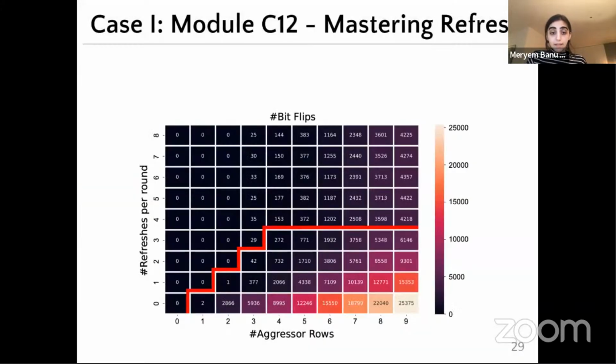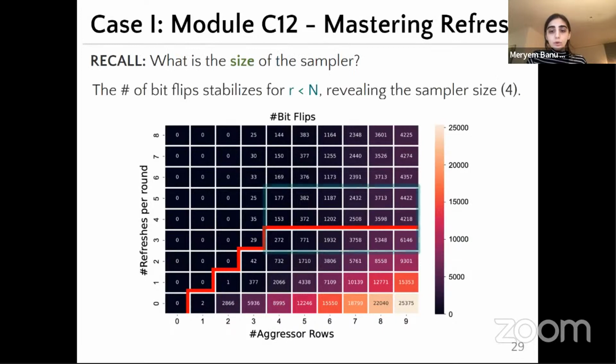But recall, the actual question is, what is the size of the sampler? We should look for a case where the number of bit flips stabilizes for refreshes less than the aggressive row count. When this happens, we can conclude that we have overflowed the sampler, because even though we increase the aggressive row count and hence the victim row count, additional refreshes do not reduce the bit flips observed.